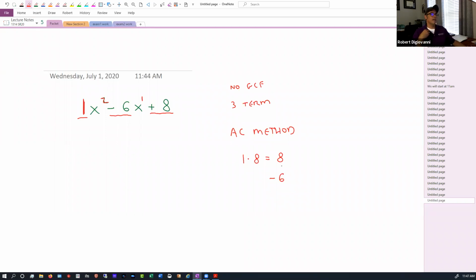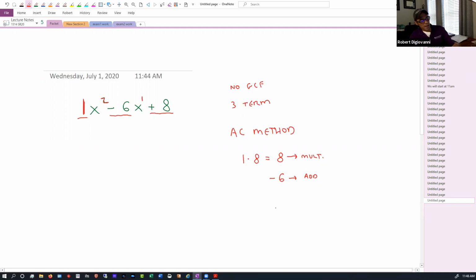Okay, these are our 2 little magic numbers here. What we have to do now, and when I say we, I mean you, and you have to do this in your head or on a calculator or however you get comfortable, is come up with 2 numbers that multiply to be 8, but add up to be negative 6.